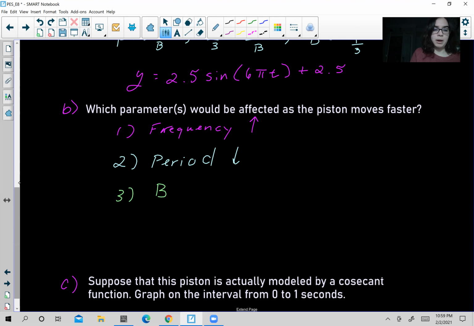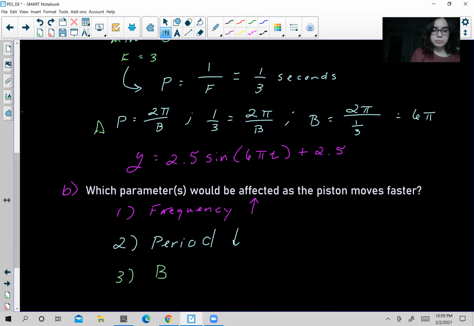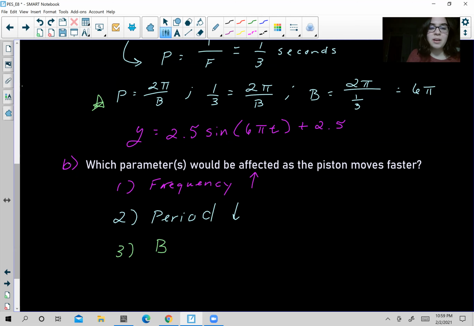And if we look back at our equation over here, it's kind of hard to explain, but in this case we're decreasing the period, so we have to think about what must have happened to b.